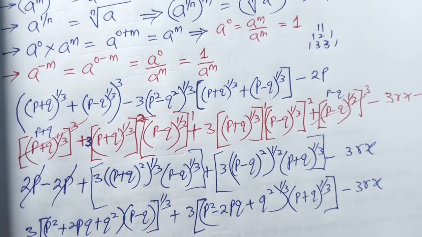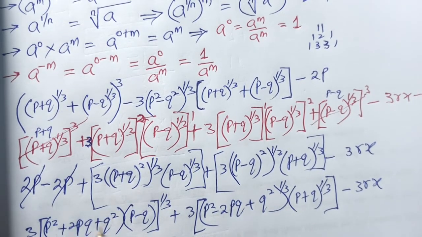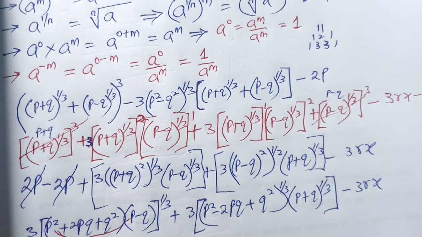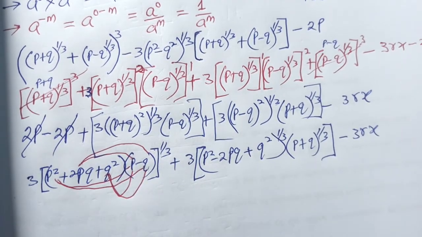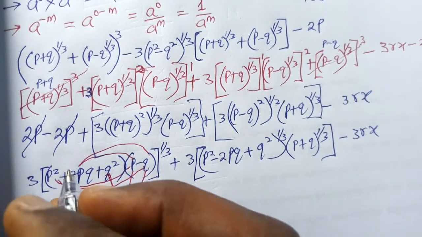So if we use this to multiply this, multiply that, this multiply this, multiply that, we will have that.